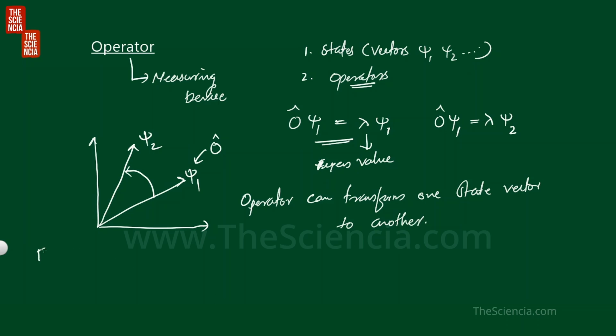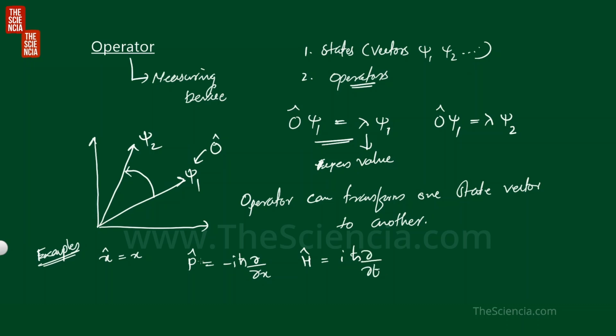Some examples of operators we use in quantum mechanics are the position operator, that is x itself, another one is the momentum operator, that is equal to minus i h cross dou by dou x, and the energy operator, that is the Hamiltonian operator, equal to i h cross dou by dou t.